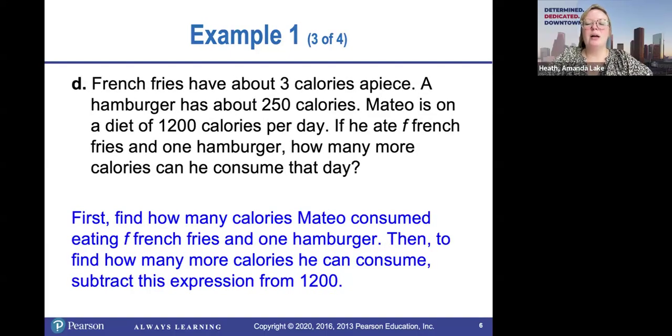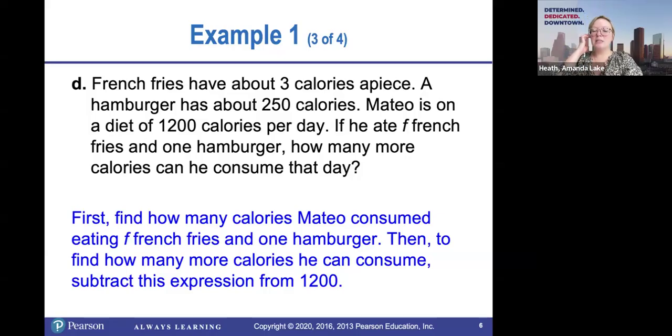All right, so here's another example. Mateo is going on a diet and he thinks that he needs to eat 1,200 calories a day. He's going to eat some French fries and a hamburger. French fries have about 3 calories each, and a hamburger is about 250 calories. If he ate F French fries and 1 hamburger, how many more calories can he consume that day?